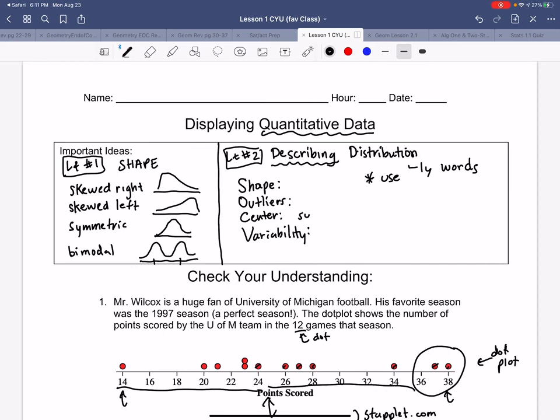And remember, if it's symmetrical data, we're going to pick the mean because that's the best measure of center. And if it's skewed, or let's say it has a lot of outliers, which is why it's skewed, then you're going to pick the median because it's a better measure of center. The variability is how spread out the data is.